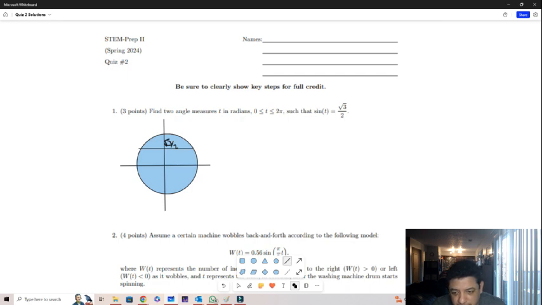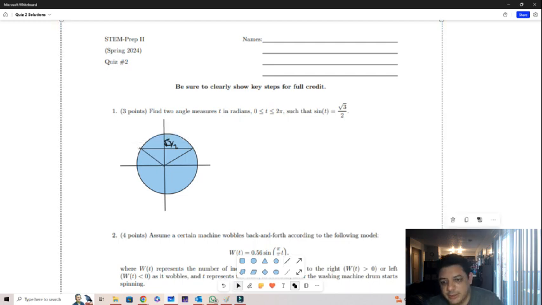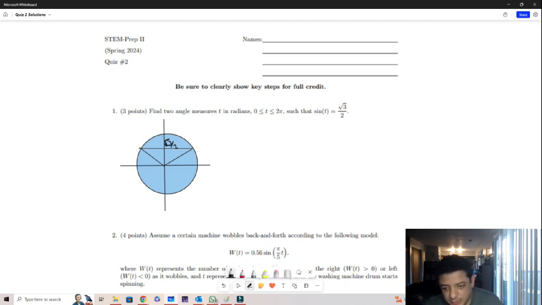That's going to give me this angle here, and that's going to produce also this angle here. Those are the two different angles that I can obtain. One of them is going to be here, and the other one is going to be here.